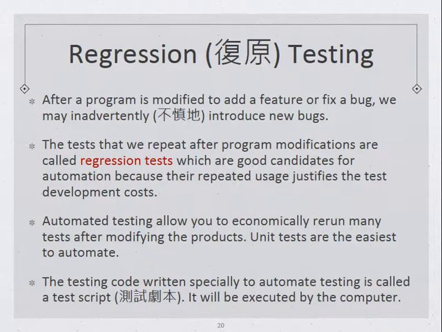And if we forget to test everything, if we only test the new bug fix, and we don't test all the features, maybe we break some features while adding new features or fixing bugs. So the kind of testing to deal with this is called regression tests.